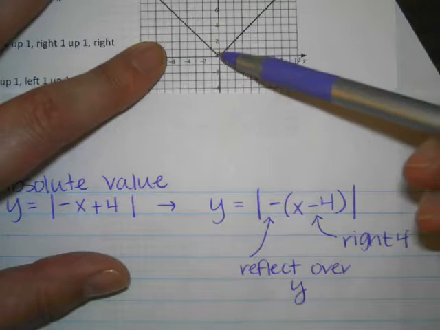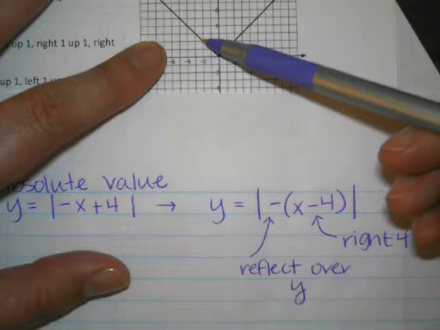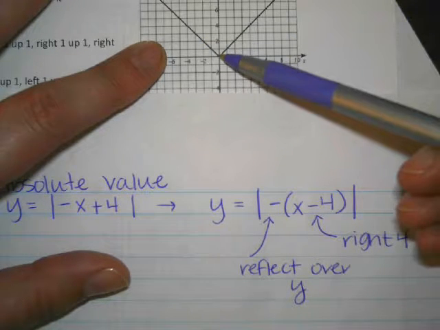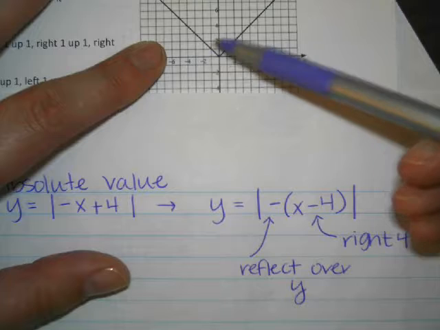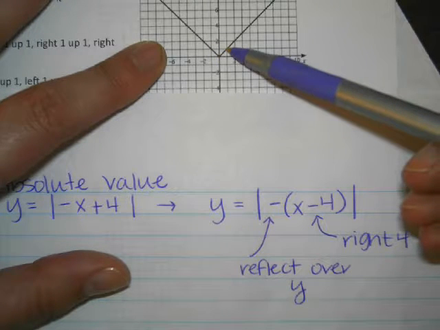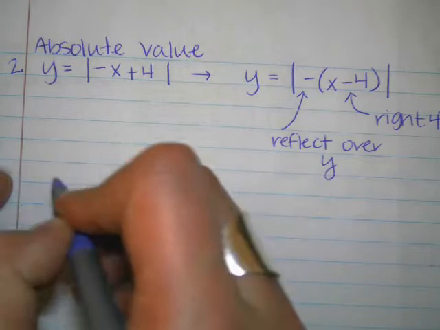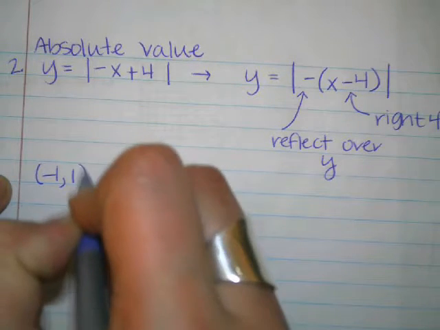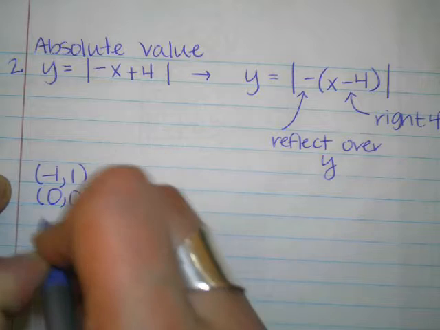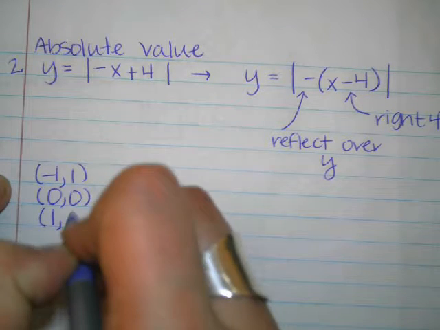Actually, we can only write 3 points. That'd be fine. I'm going to write -1, 1, 0, 0, and 1, 1.